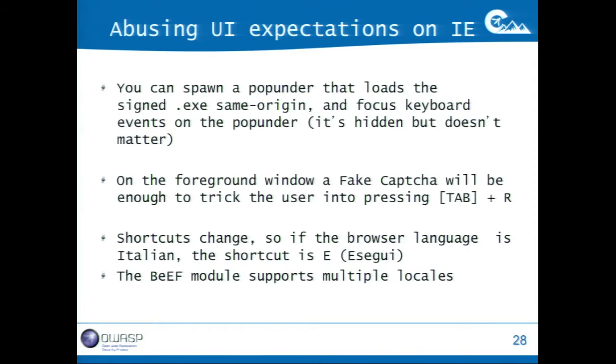For example, if the user is using an English browser, so R for Run, you just display a fake captcha with a couple of R keys as the first characters. The user clicks R, the R key press is directed to the pop-under, which triggers the SmartScreen filter Run action, and then boom, you have another shell.